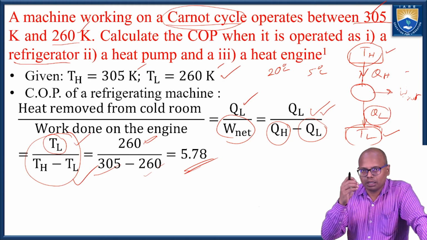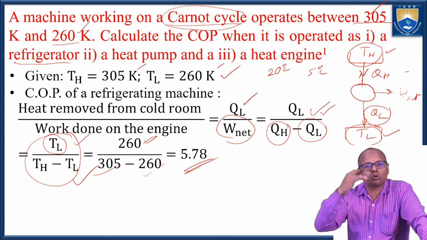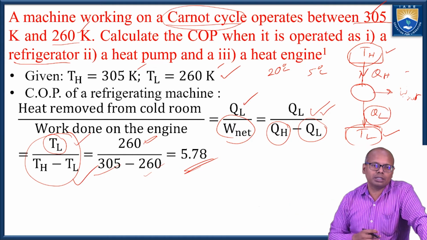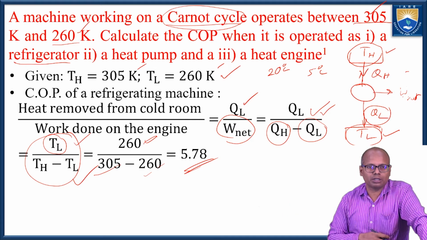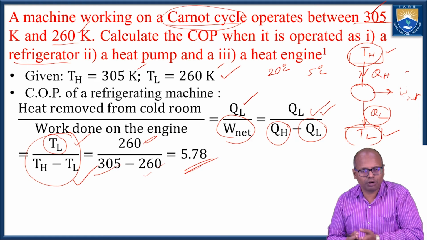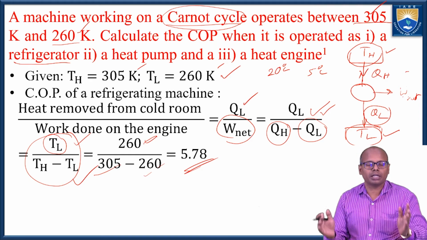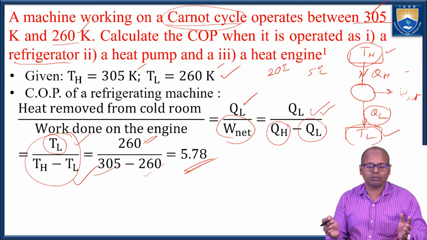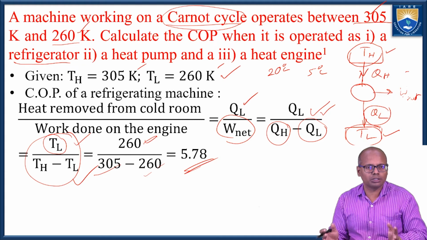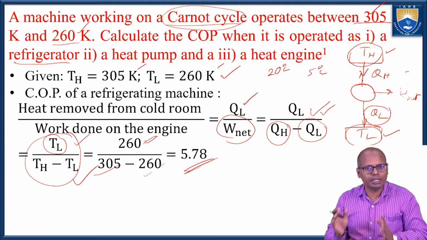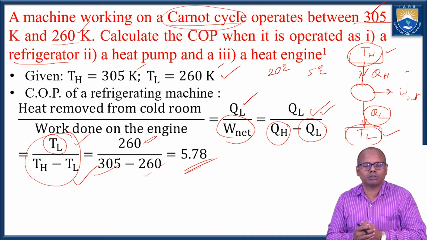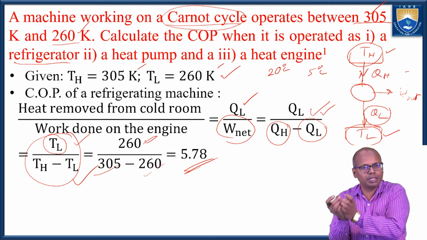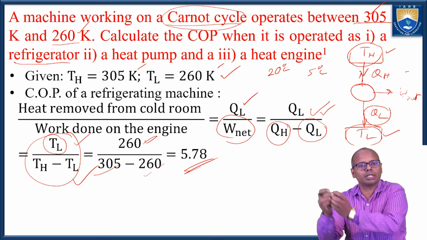The temperature of the room is lower than the temperature of the atmosphere. So in summers, we'll have an AC inside the room, or if you take a cold storage room, you are storing some fruit inside and the outside temperature is very hot. In such cases, we extract some heat from the cold storage room and reject it to the atmosphere.